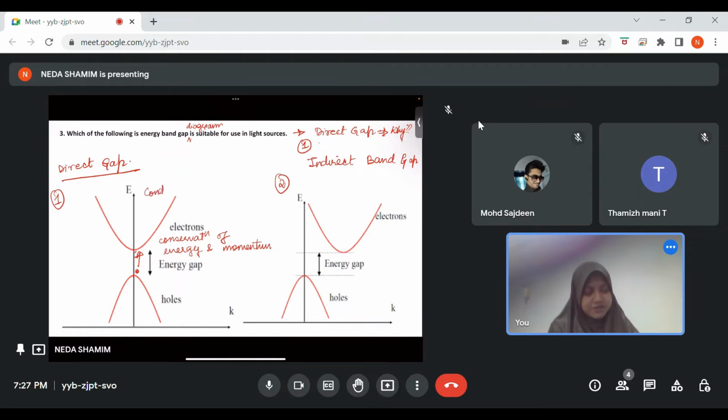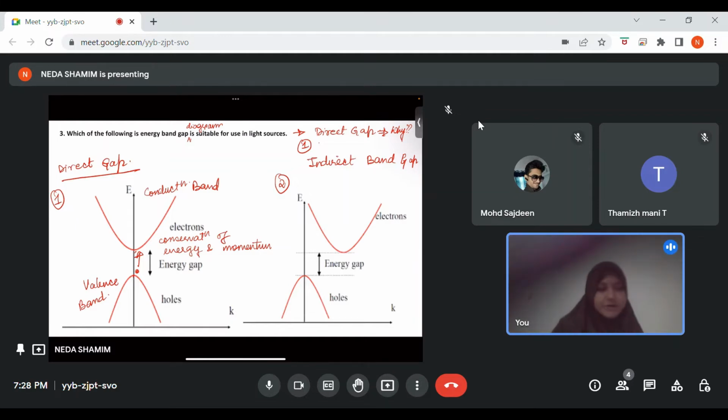So this is my conduction band, and this is my valence band. Since this is a direct band gap, the electrons are directly transferred from the valence band to the conduction band. There is no loss of energy over here.